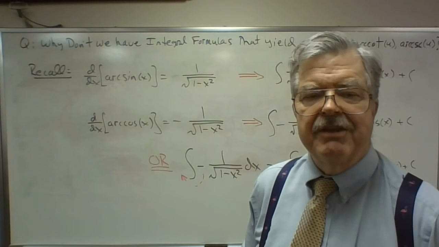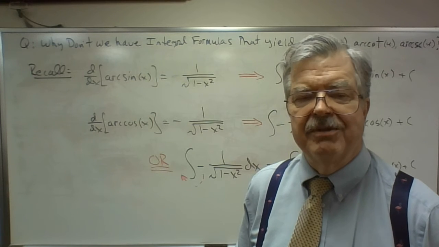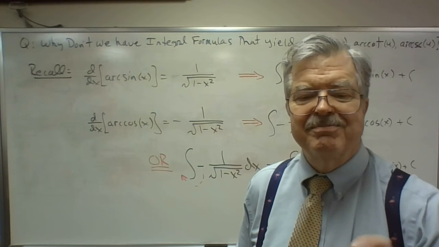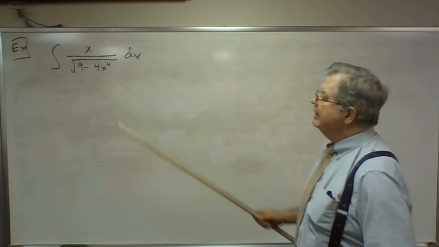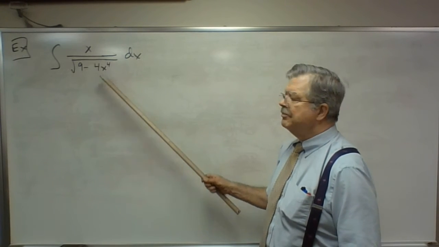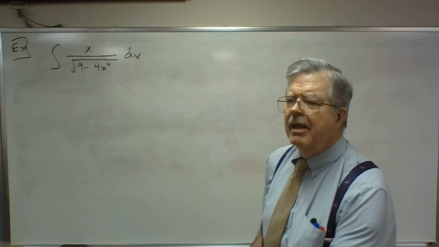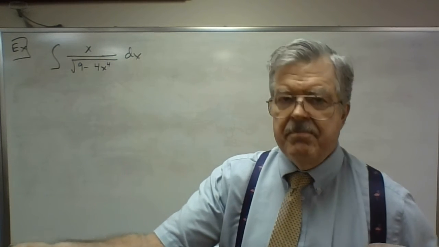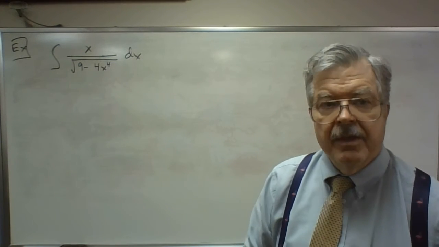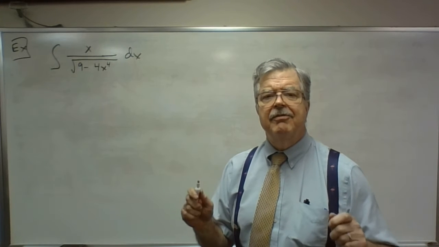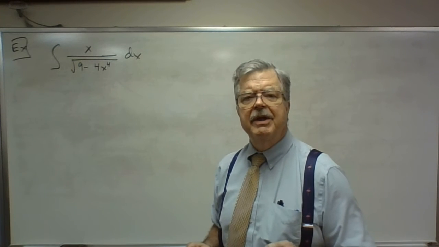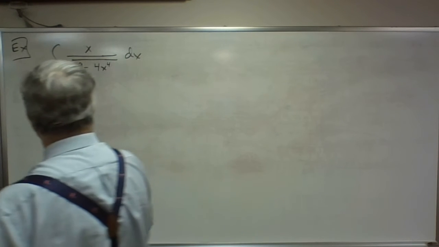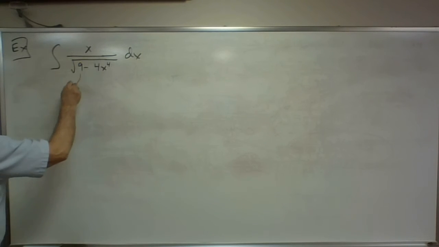Now, enough of this lecturing. Let's do some examples. Let's do a lot of examples. Here's a nice one. And maybe, hopefully, we can use one of our formulas to do this. Now, which one are we going to use? Notice what we have here.